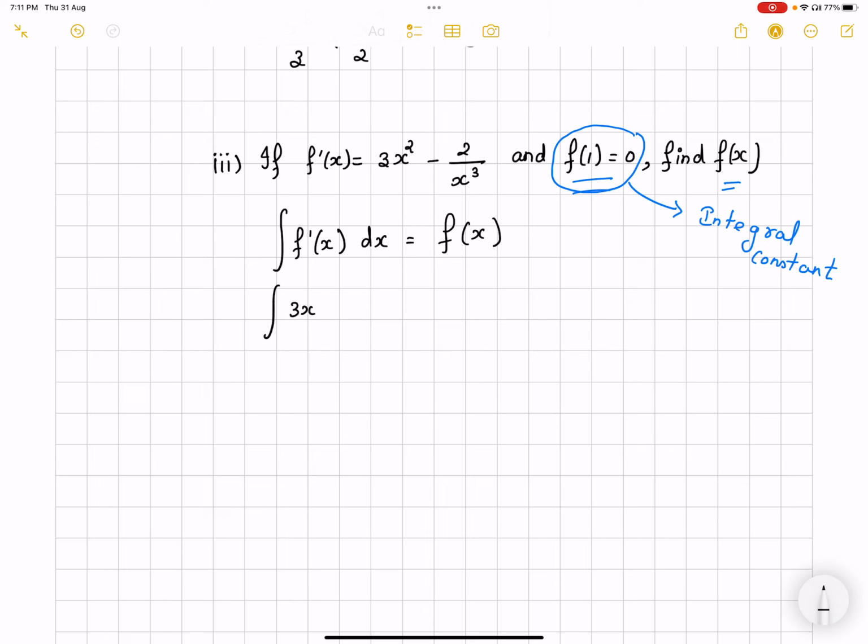We have 3x square minus 2x raised to the power minus 3. I'm writing it directly so that I can integrate it directly. So in this case, I would be getting 3 times x cube by 3. Since we did a lot of problems, I'm writing it directly now. And then we have minus 2.